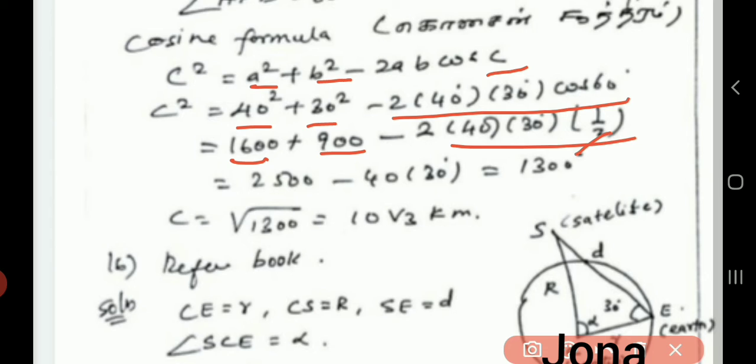We can cancel here and here. Therefore 1200 here. So 2500 minus 1200 is nothing but 1300 here. Therefore C square is 1300. Therefore C equal to 10 root 13 kilometer.